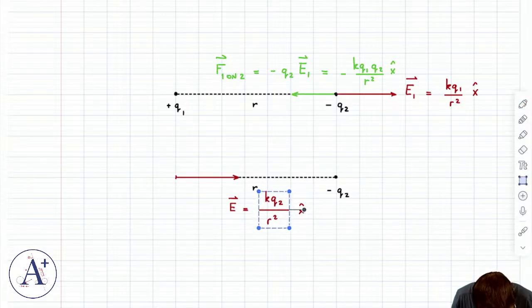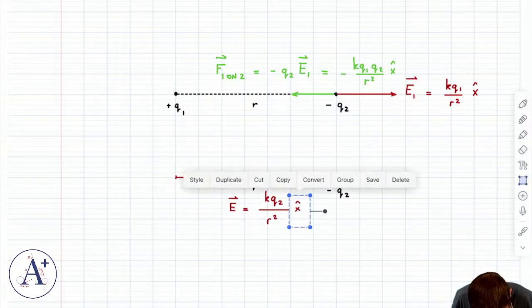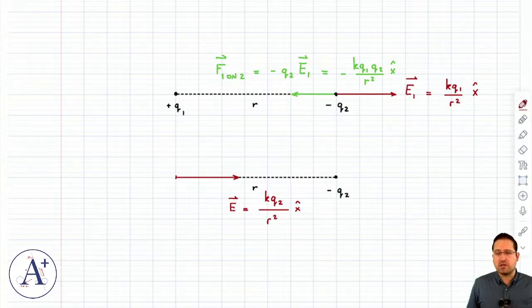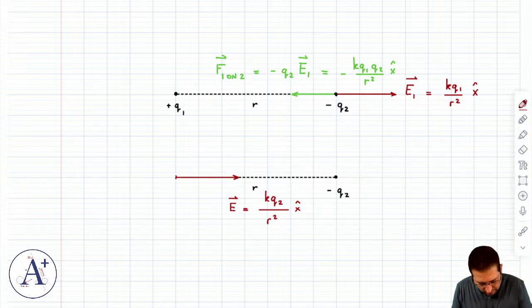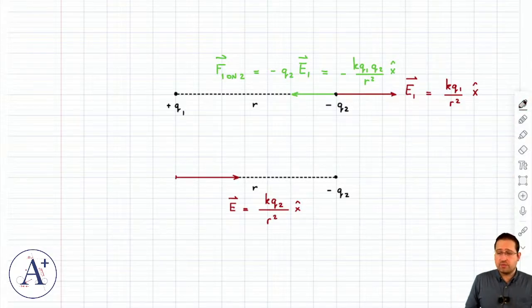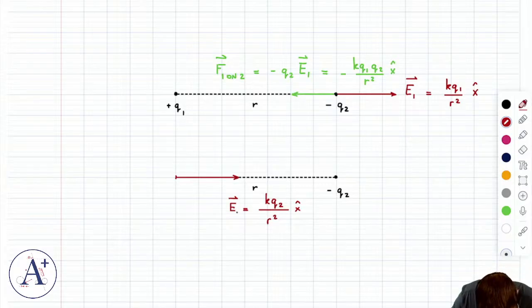Now Q2 itself is a positive number because the minus here is what makes the whole thing negative. If you prefer, you could write the absolute value of minus Q2. Same difference. And so now I just have Q2 and the electric field that it creates. I should call this E2.